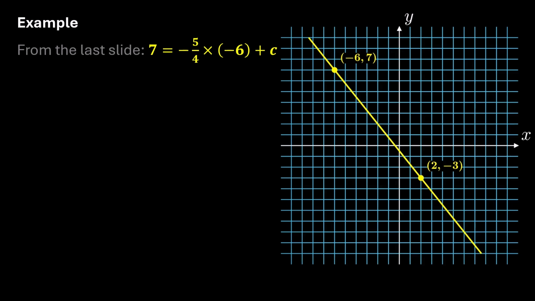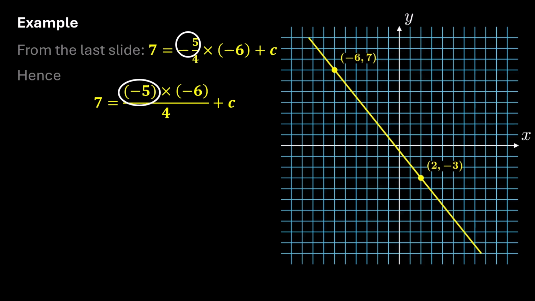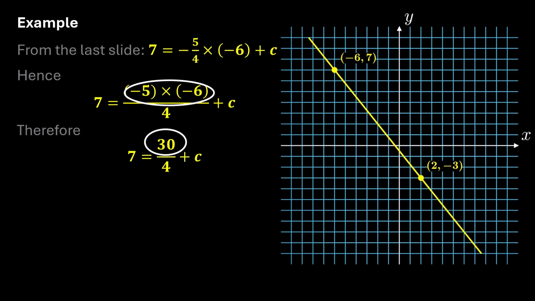So we have 7 equals minus 5 times minus 6 divided by 4 plus c. Therefore, 7 equals 30, which is minus 5 times minus 6, divided by 4 plus c.